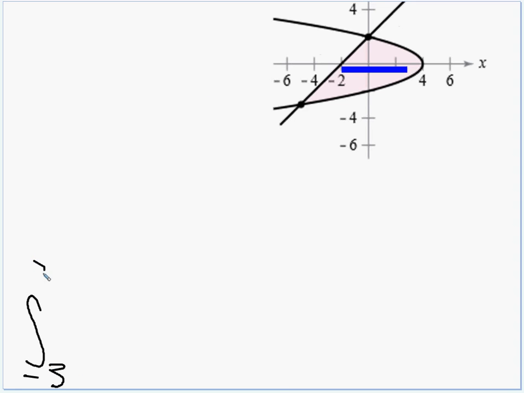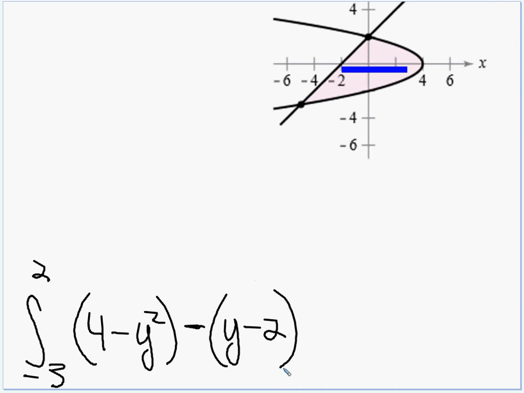And we're going up to positive 2. And in here we'll go our function. What is touching the right side of the rectangle? That is our leftward opening parabola, 4 minus y squared, minus what is touching the left side of the representative rectangle, and in this case that's the straight line y minus 2 dy.